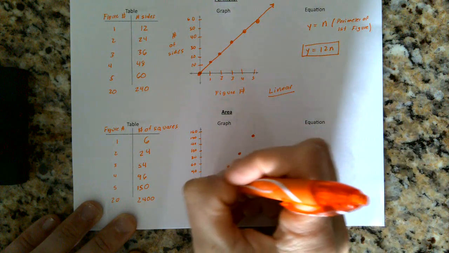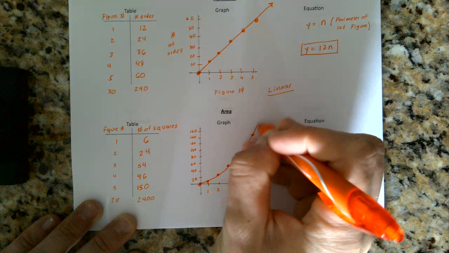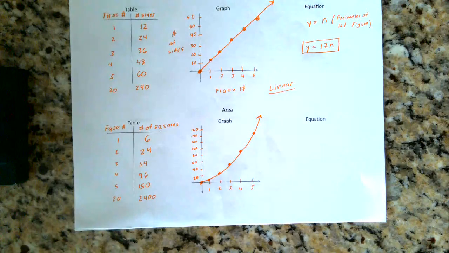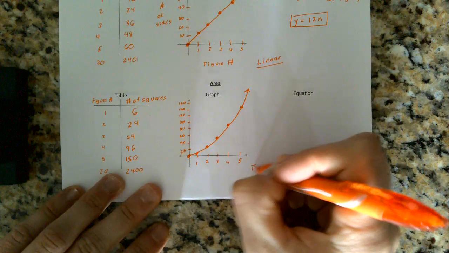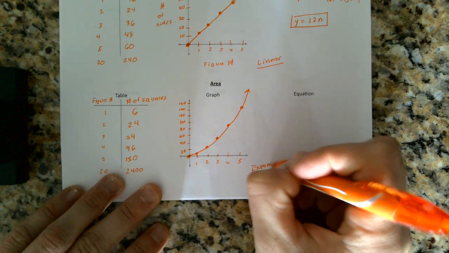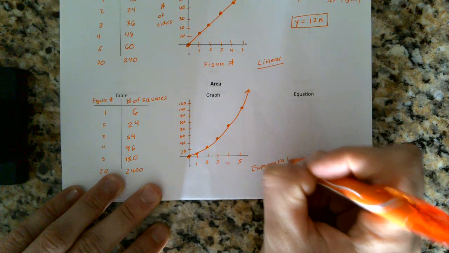Now I'll draw in this line here, and you're noticing a different pattern. It's interesting, because this pattern is increasing much more steeply than that linear function. The area looks like another word we've used in the past, and you may have seen this in biology class when talking about population.